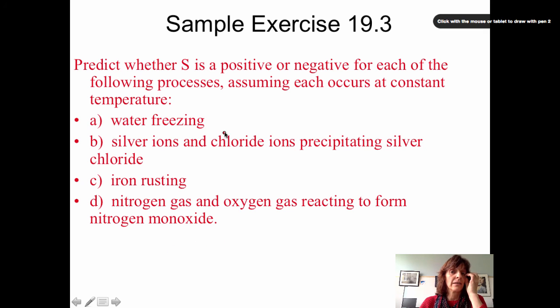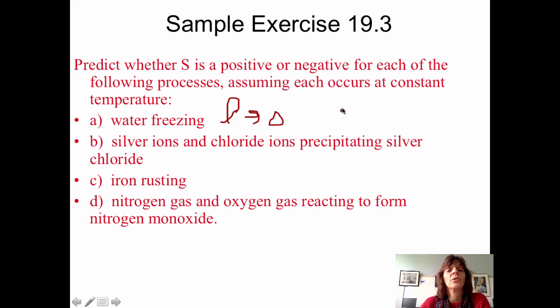All right, water freezing. That will go from a liquid to a solid, which is going to be a negative change of entropy. It's going to have less freedom of motion. Ions to a solid, again, a negative delta S. Iron rusting, you've got solid iron and oxygen gas going into one compound.